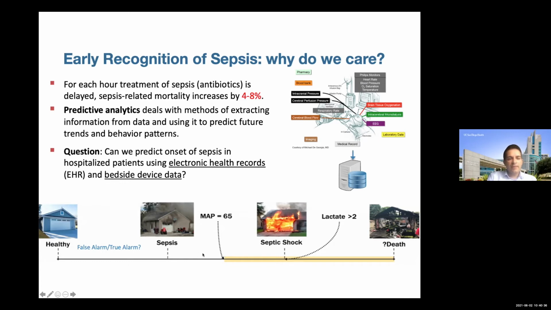Another way to think about this is the analogy of a healthy home, and then you have a little bit of smoke coming out. When you see the early signs of smoke, you don't really know if it is due to a cooking accident or if it's actually a fire. So you want to figure that out, and come up with the right intervention to avoid a full-blown fire and ultimately death.